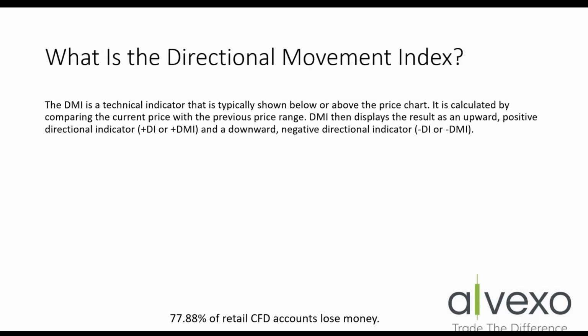Now, the DMI is a technical indicator which is typically shown below or above the price chart. In our case, it's always below. It's calculated by comparing the current price with the previous price range. DMI then displays the results as an upward positive indicator, which is a plus DI, or a negative indicator, which is the minus DI.